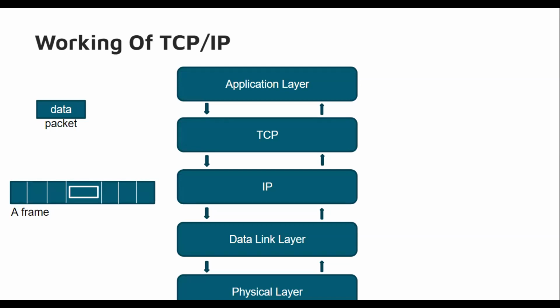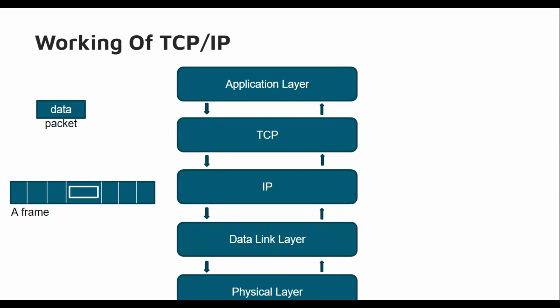I'll take an analogy of booking something on an online website. For example, I have ordered a parcel from, say, Amazon. So I am working on the application layer. Next, Amazon collects all the orders and numbers them: this is packet 1, this is packet 2, packet 3.